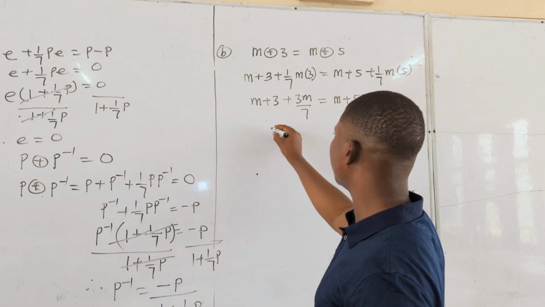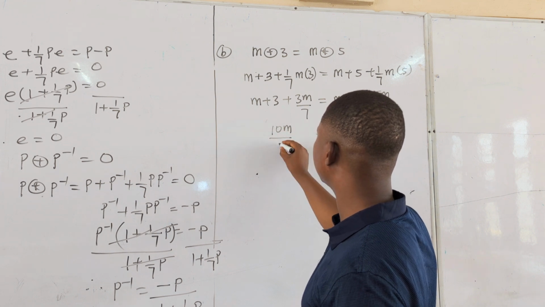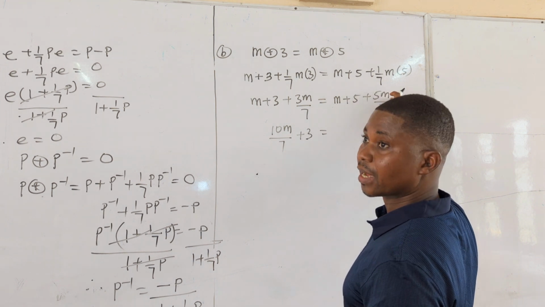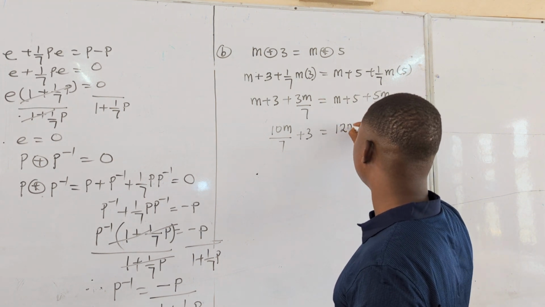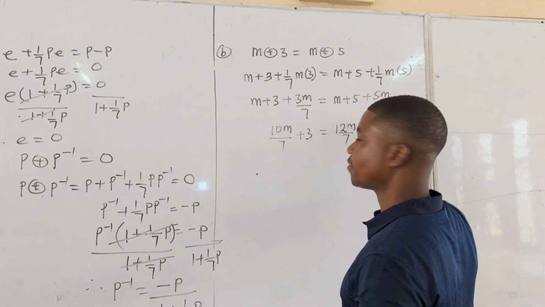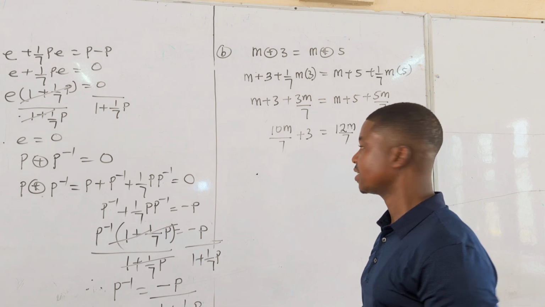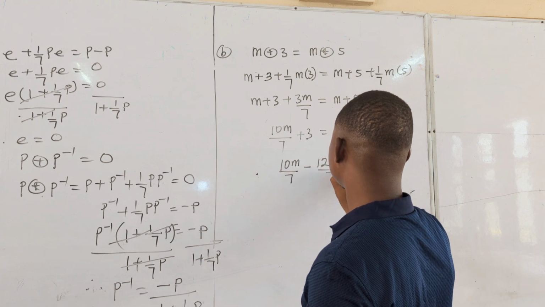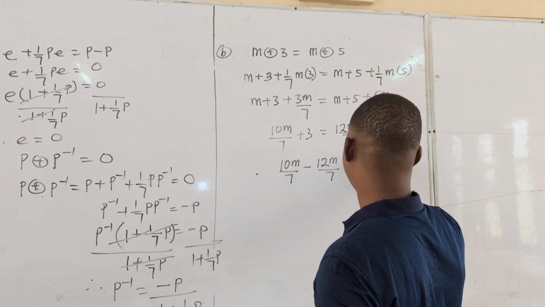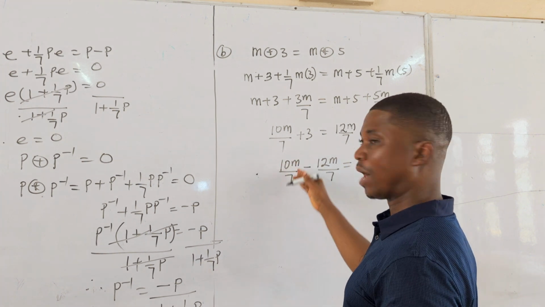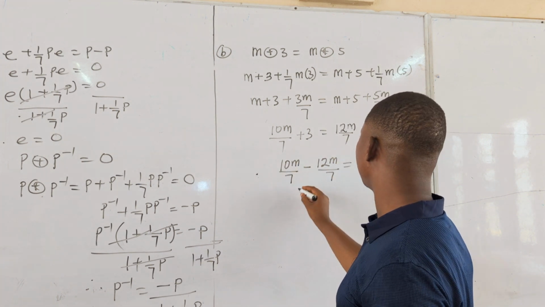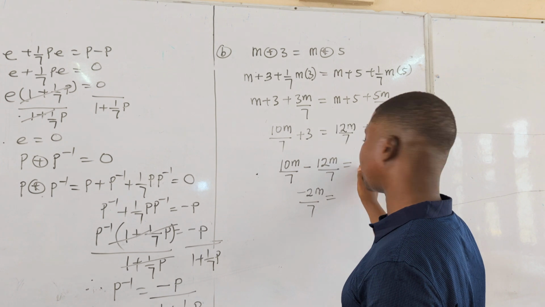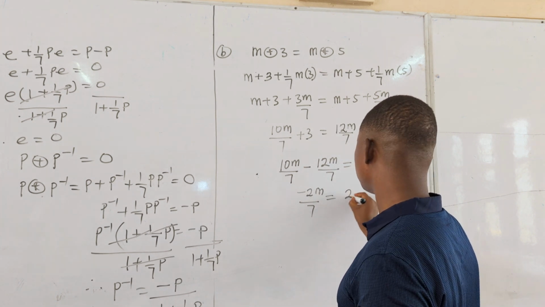M plus 3M gives us 10M over 7 plus 3, equal to M plus 5M over 7, which gives us 12M over 7 plus 5. At this stage, you have to collect like terms. So 10M over 7 minus 12M over 7 is equal to 5 minus 3. 10M over 7 minus 12M over 7 gives us negative 2M over 7, which is equal to 5 minus 3, which gives us 2.